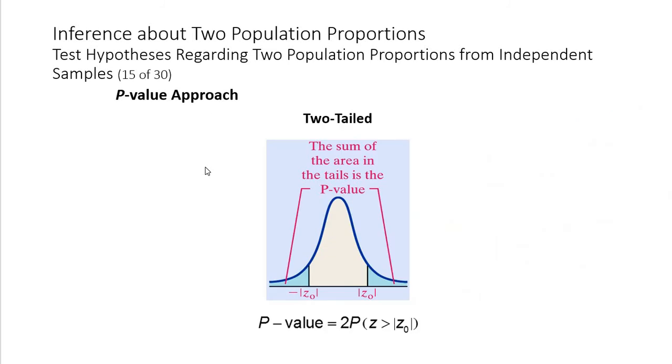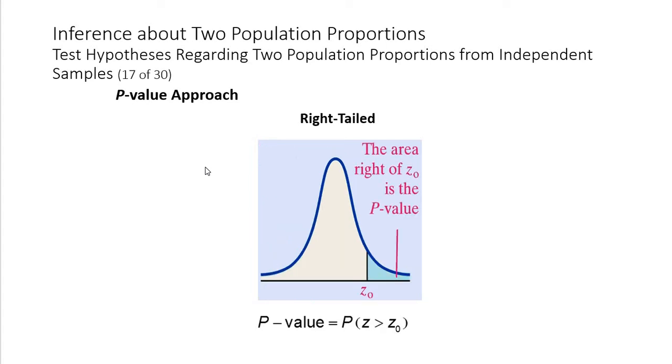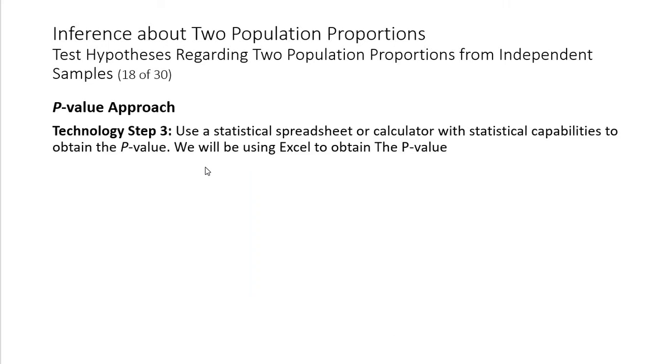Now, this is an illustration of the p-value and how we're going to find the p-value, which is the probability of z greater than z naught in the case of two-tailed test, and it is the probability of z less than z naught in case of left-tailed test, and it is the probability of z greater than z naught if we're talking about a right-tailed test. Again, we're going to use Excel to compute the p-values, and I showed you the formulas in order to compute the p-values.